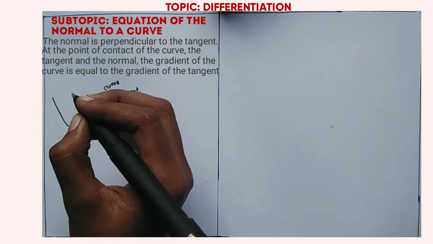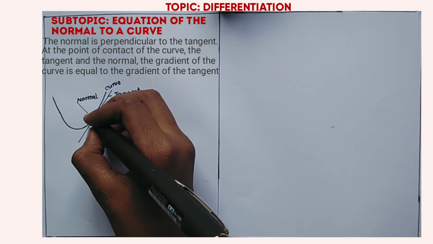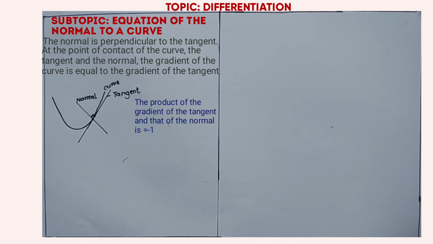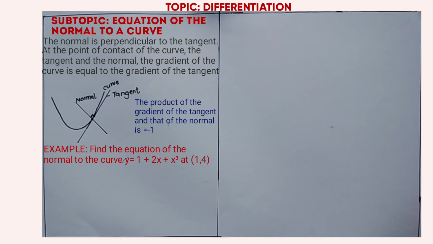This is the normal. You see that the normal is perpendicular to the tangent, and for perpendicular lines, the product of the gradients is -1.